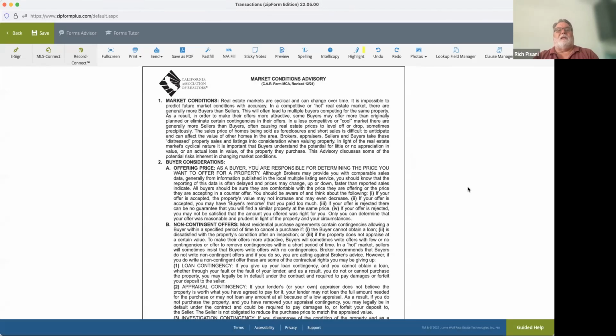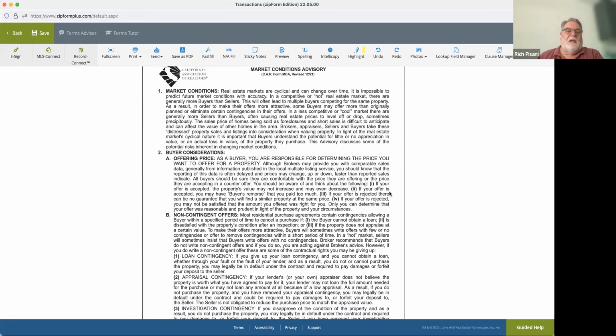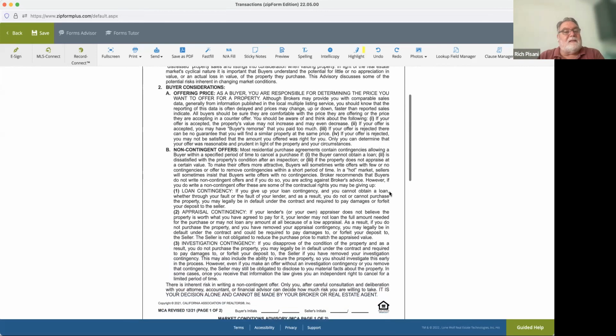Everybody really should be using this form. I have it as mandatory, so you should have it in your file, but it's a great form, especially now in this changing market. Markets change, and this is just an advisory of just that. The market is changing. Non-contingent offers.